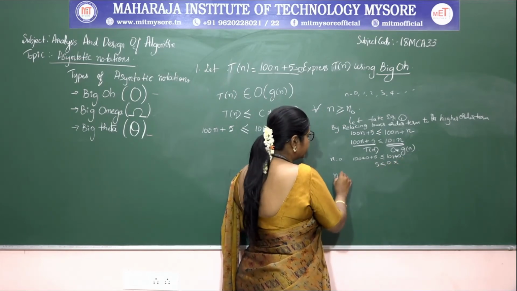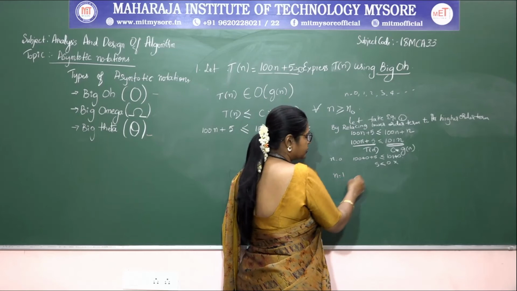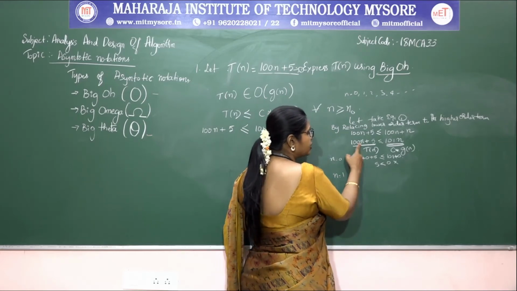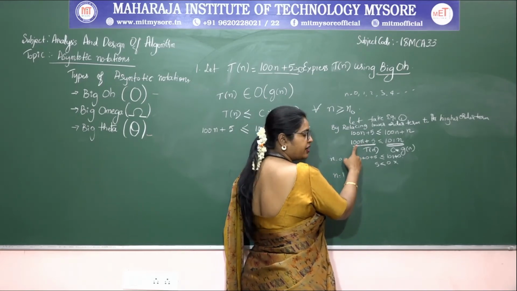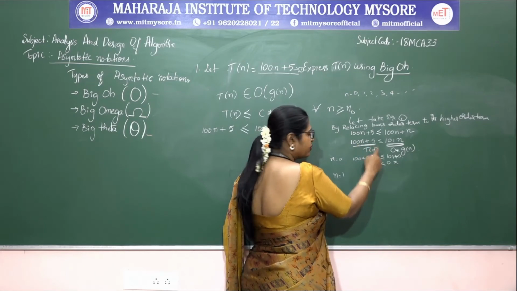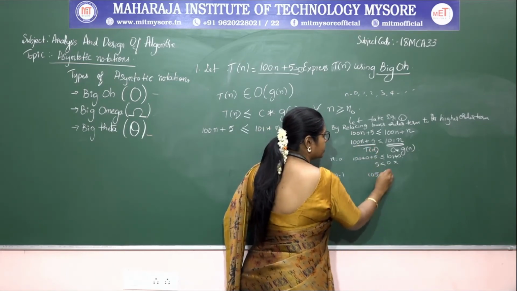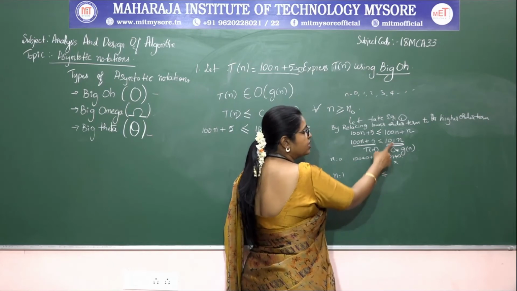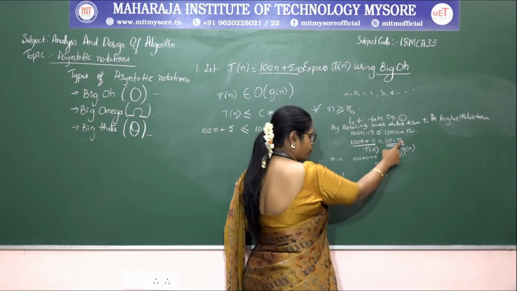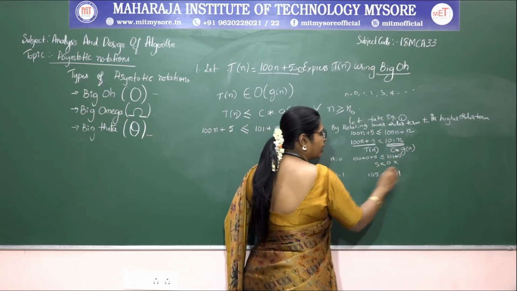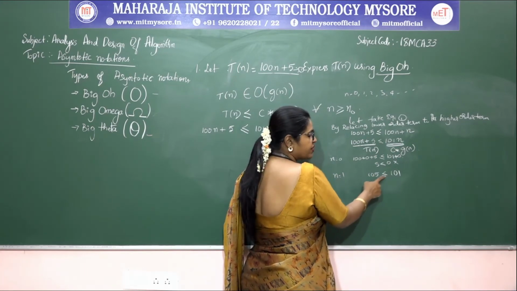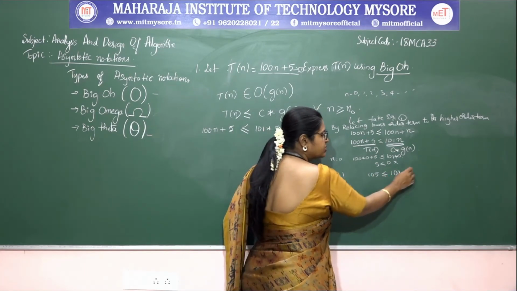Now increment the n value by 1, n is equal to 1. 100 into 1 is 100, 100 plus 5 is 105, less than or equal to 101 into 1, which is 101 itself. But 105 is less than or equal to 101 is false.